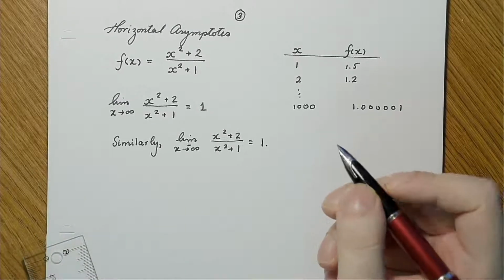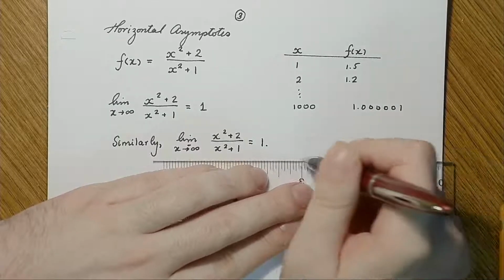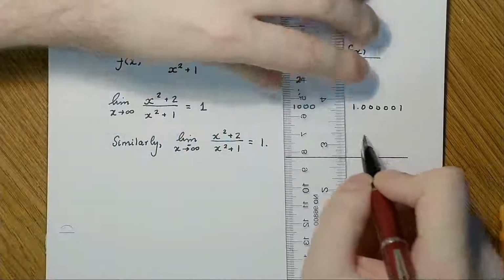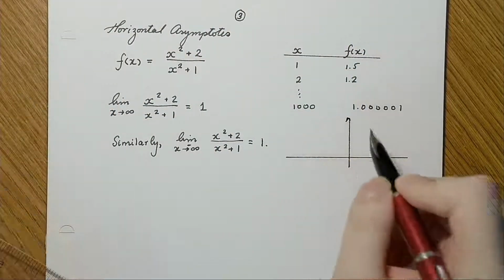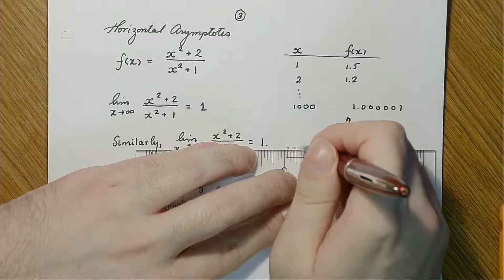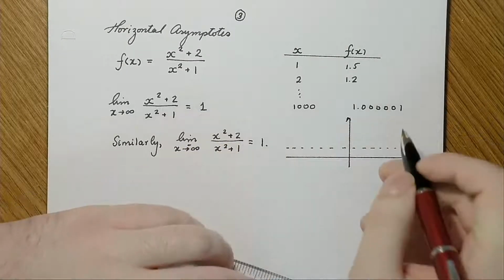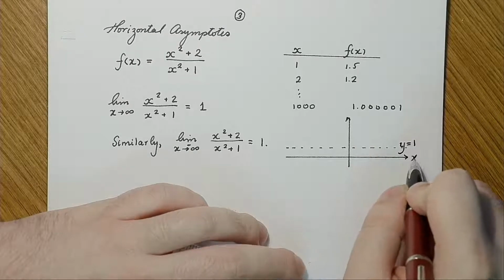So what I'll do is I'll even draw it, just give a little sketch. And kind of here's my equals 1. So that's y equals 1. Here's my x.